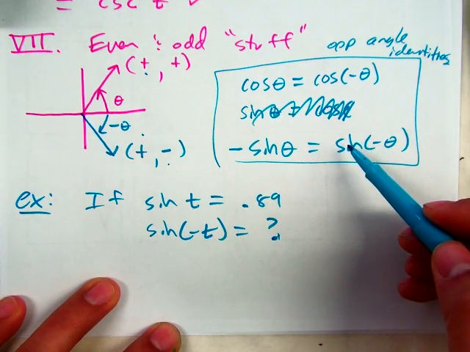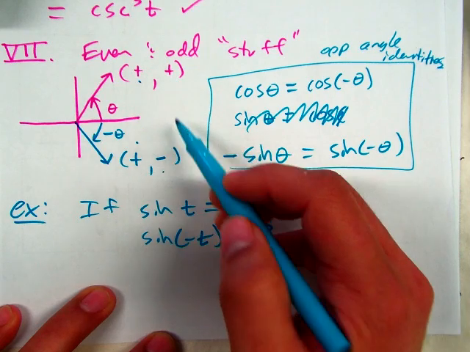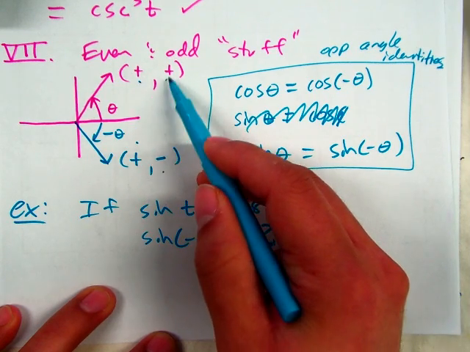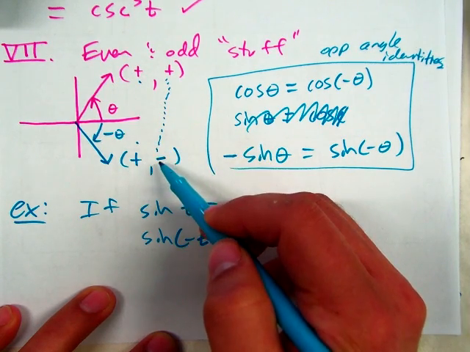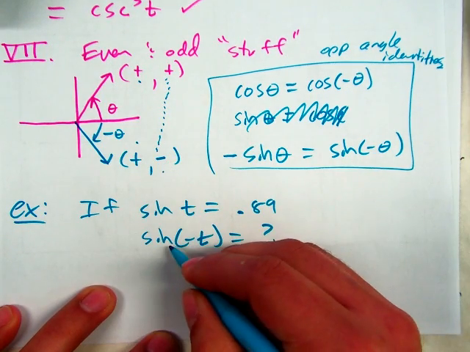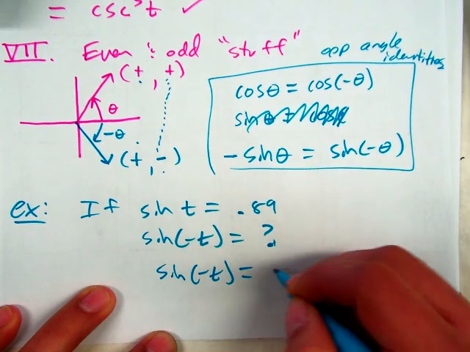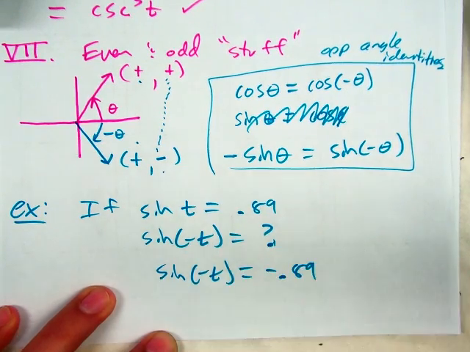If the sine is positive, when I do the negative angle, what happens to the sine? It switches from positive to negative. So the answer, sine of negative t, would be negative 0.89.